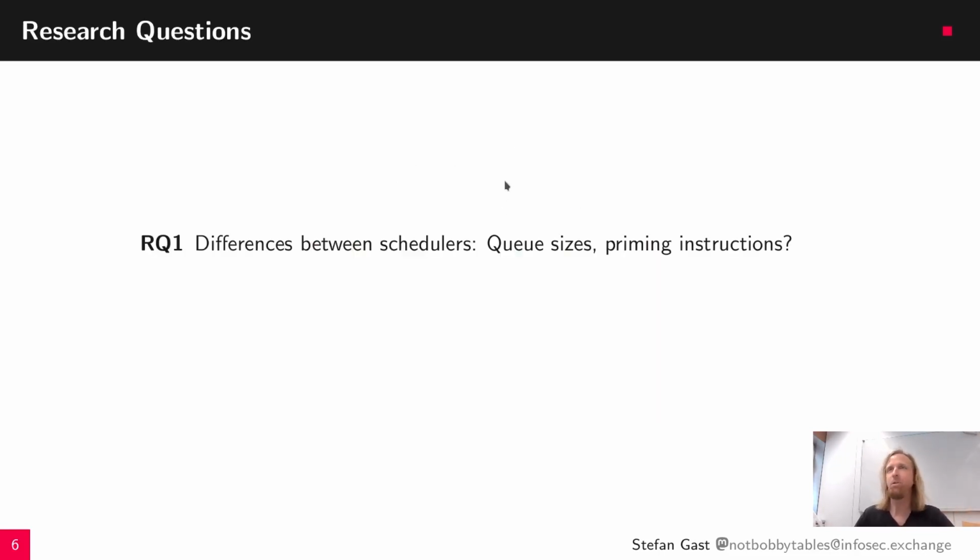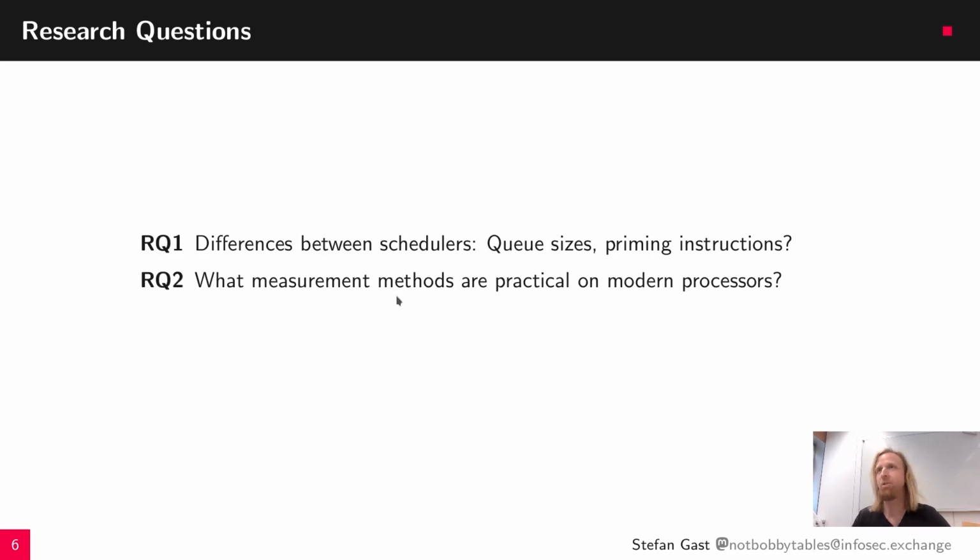The research questions that we dealt with in our paper, there are 4 of them. These are basically which differences are between the schedulers regarding the queue size or the priming instructions, so the instructions that we need to fill the queue. Second question is what measurement methods are practical for modern processors, especially Zen 3 and 4?